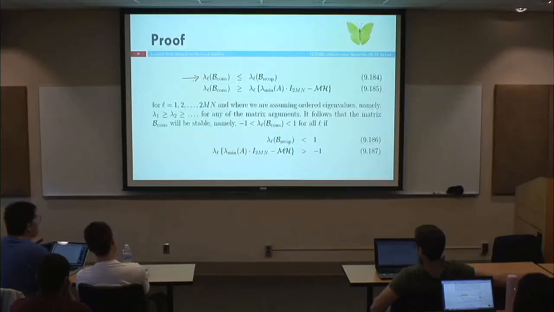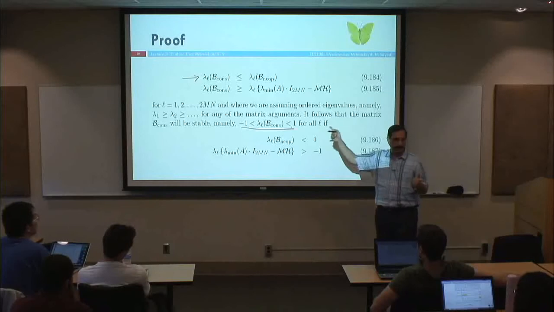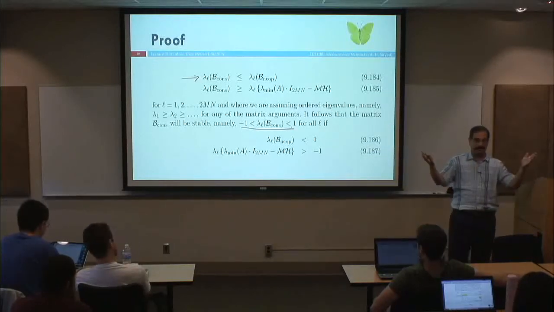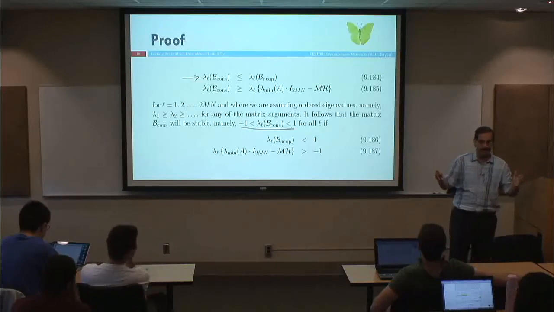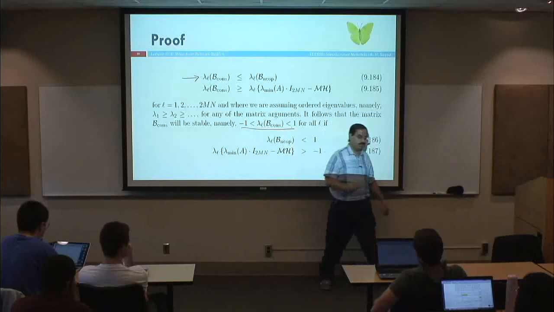Now, why is this useful? Because remember, if I want consensus to be stable, right, I need its eigenvalues to lie between -1 and 1, because B consensus, under the assumption that A is symmetric, is a symmetric matrix, so the eigenvalues will be real. So for it to be stable, I want its eigenvalues to be between -1 and 1, right?